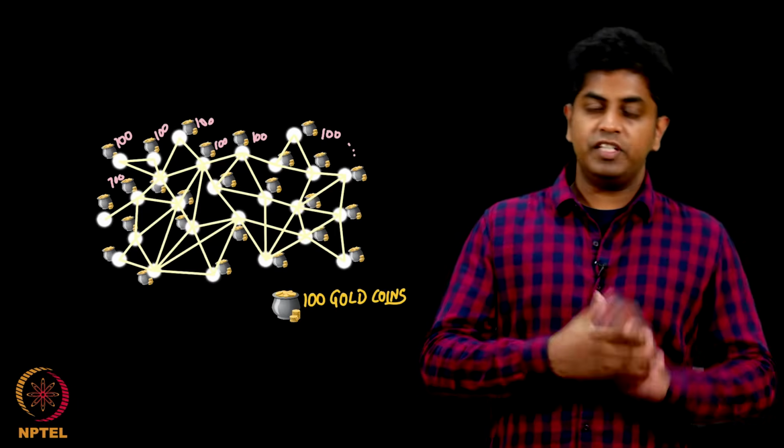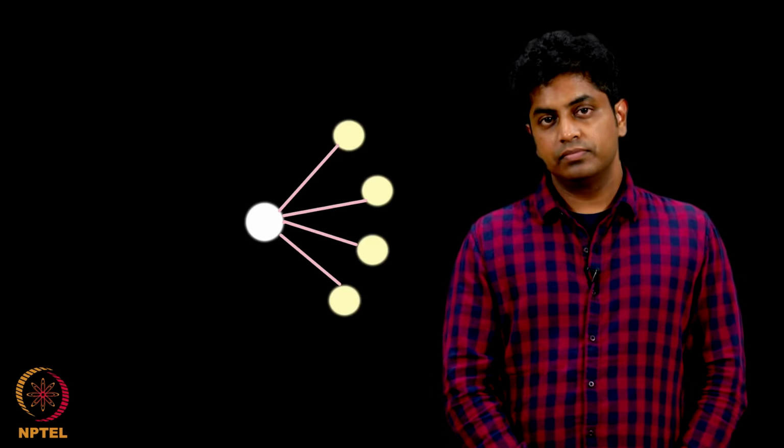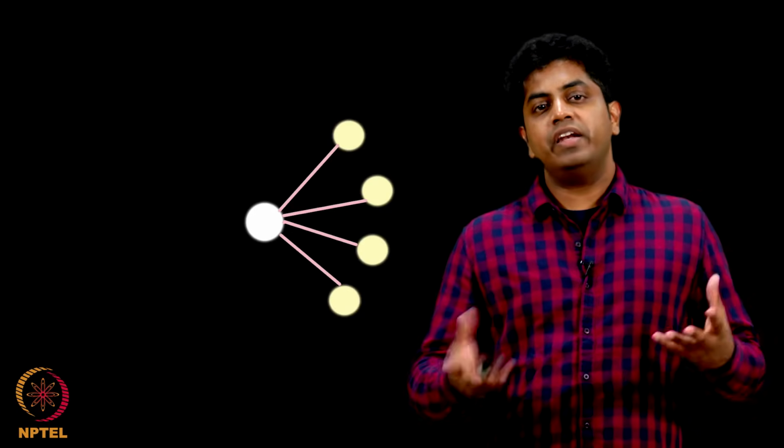And what does the first person do? Assume a person has 3 edges. Let us just take one node, it has 3 outgoing edges. So, 100 can be divided into 33, 33, 33, I am going to round off. Okay.